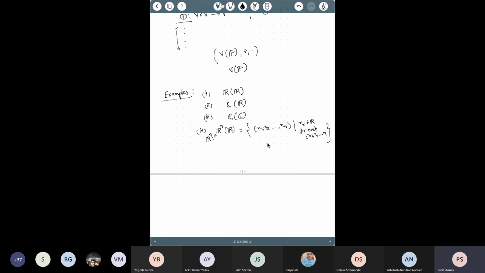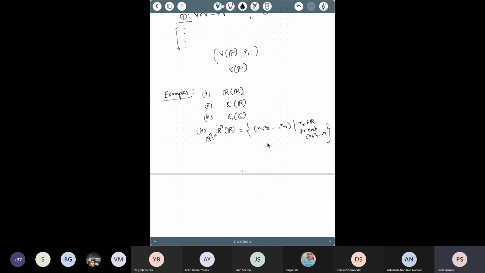How is the addition defined here? What are the two operations? Component-wise addition and component-wise scalar multiplication. All right, so these details you can verify.